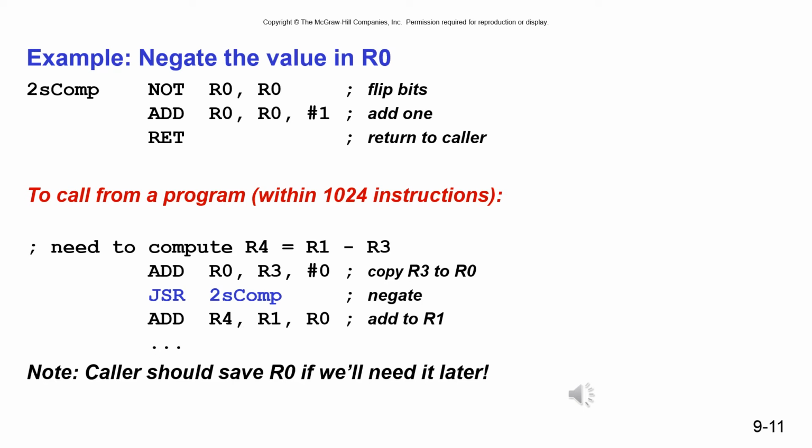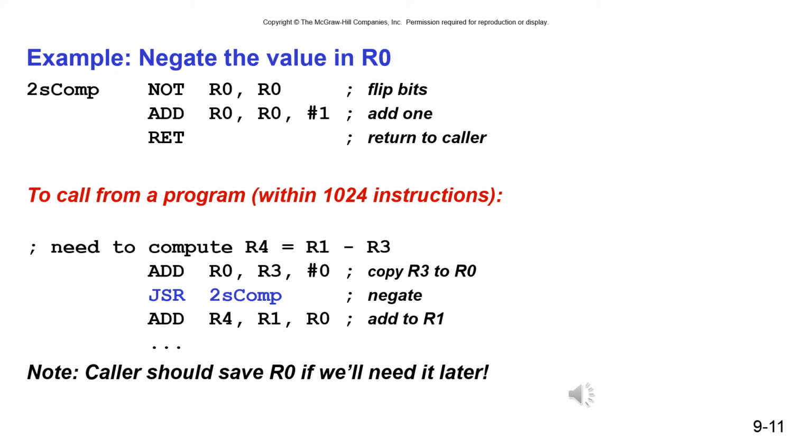So in this example, the argument passed to the subroutine needs to be in R0. And the return, so think about a function that has one argument and returns a value, the return will also be in R0. So we need to save the value in R0 if we're going to need it later.